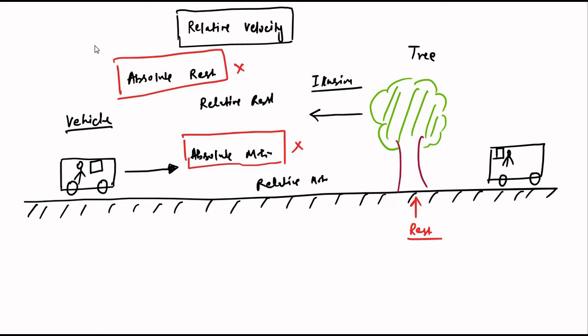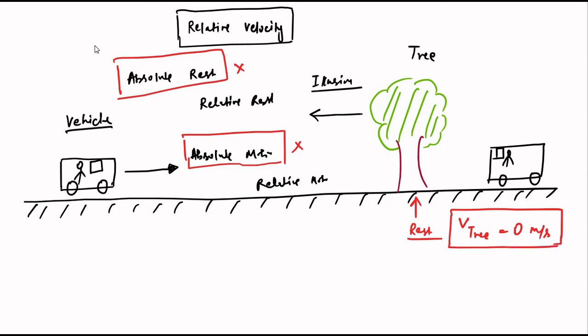Let us not bring the movement of earth into play here. Just because we are located on earth, we will say that this is at rest. The velocity of the tree is equal to 0 meter per second or kilometer per hour, whatever. This is 0 meter per second.